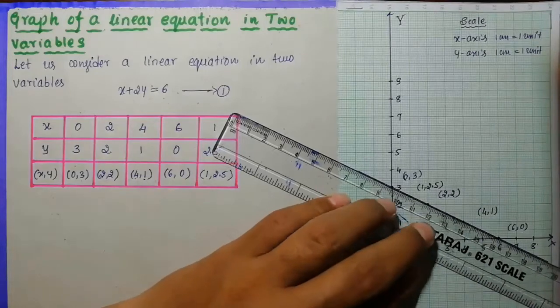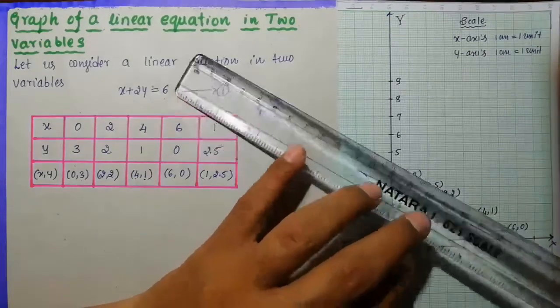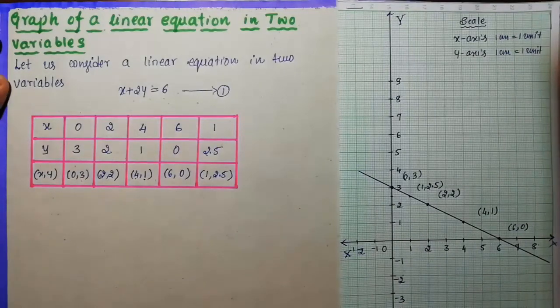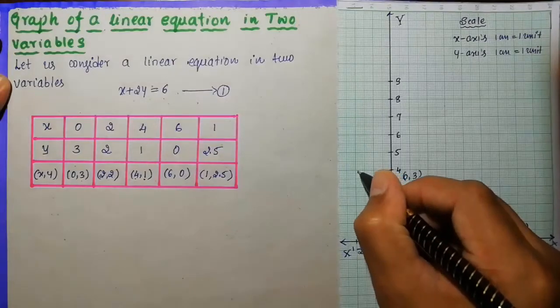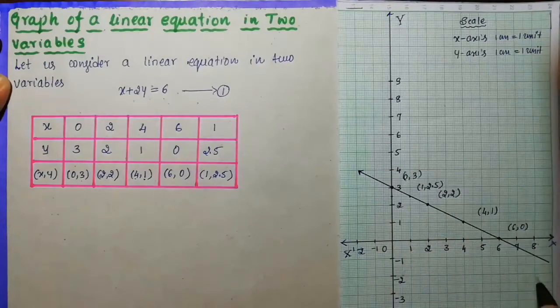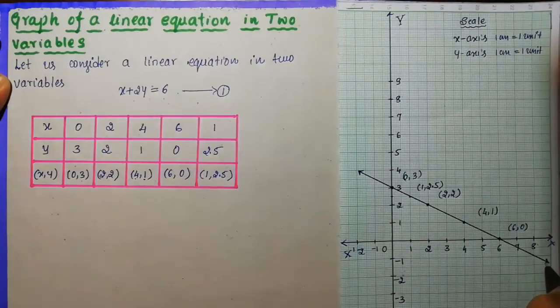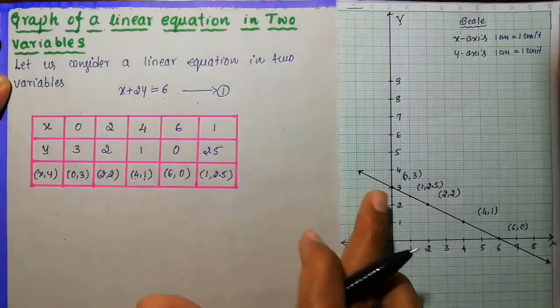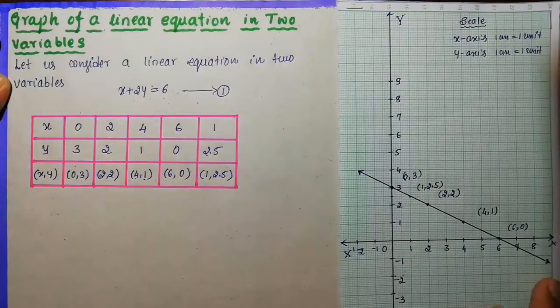Once you look at the points, all these points lie on a single straight line. And you have to put the arrow mark at the ends, because this straight line extends in both directions. In this direction you can extend, and also in this direction you can extend.